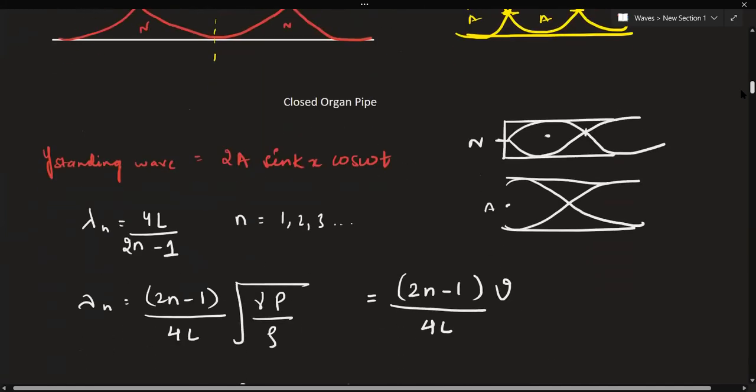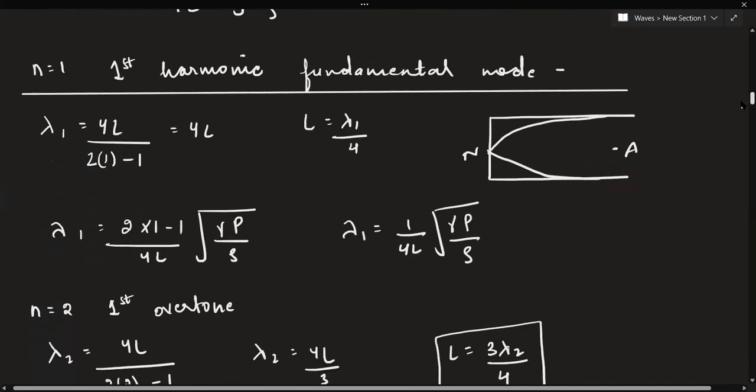Now see, this was the general formula. If we put different values, like for the first harmonic, which is also known as the fundamental frequency, we put n equals 1. So the wavelength will be 4L and the length will be 1/4 of the wavelength. Whereas in the open organ pipe, the length was half of the wavelength, lambda 1 by 2.